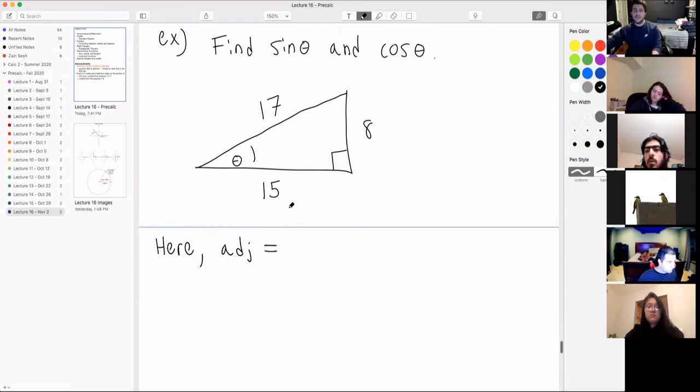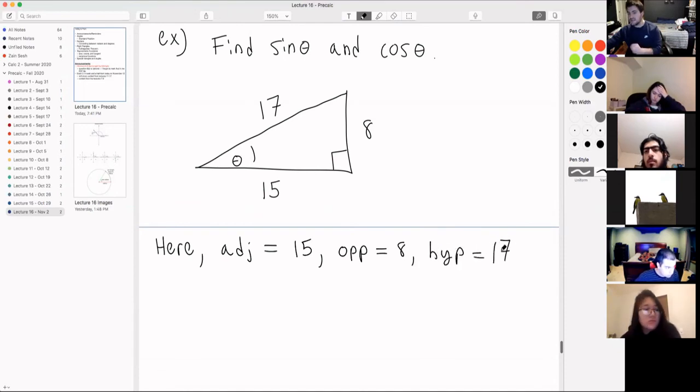So remember, adjacent and opposite, they're always with respect to some angle that I fixed already, and here the angle has been fixed. All right, so adjacent is 15. Good, how about opposite, which again, I'm going to shorten to OPP. Makes it a little easier. Opposite will be the thing across from theta, which is 8. And the hypotenuse, I'll shorten to HYP. That will be 17.